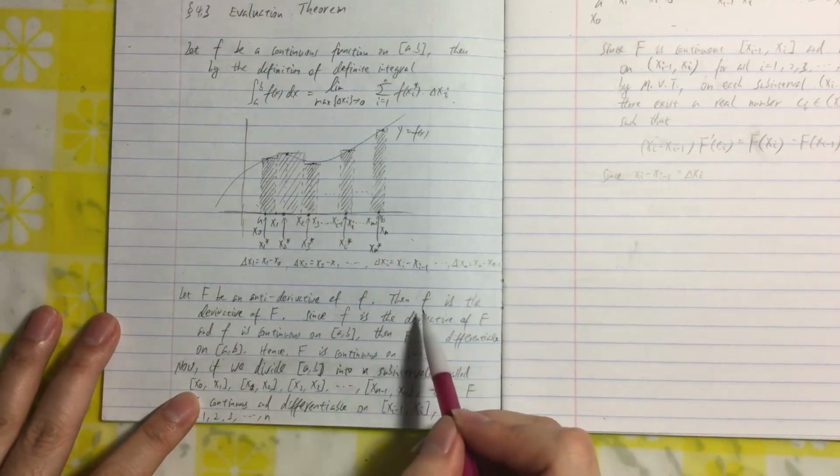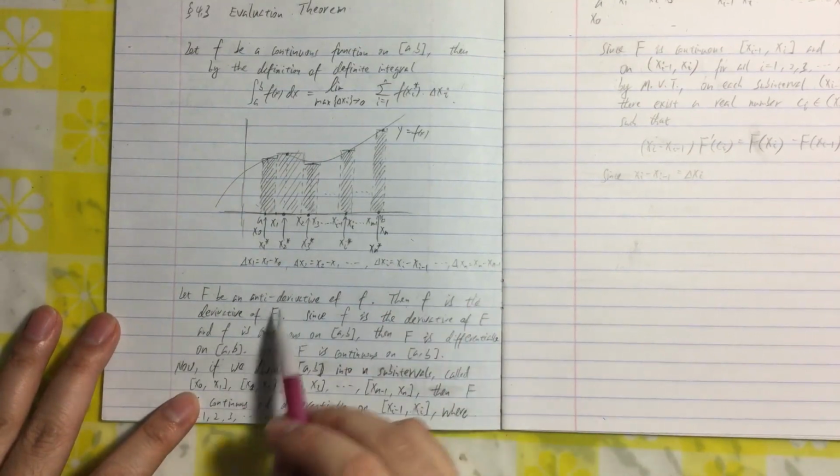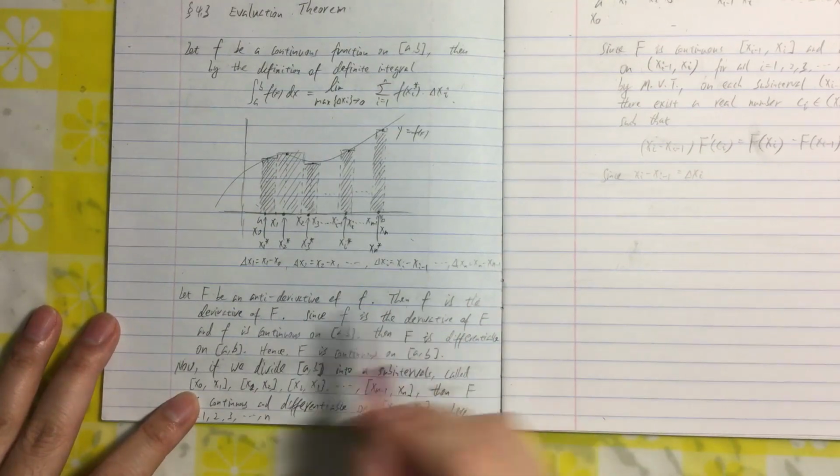Then small f is the derivative of big F, which means small f is big F prime.